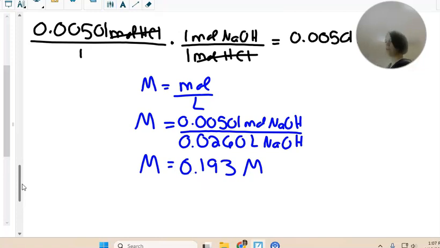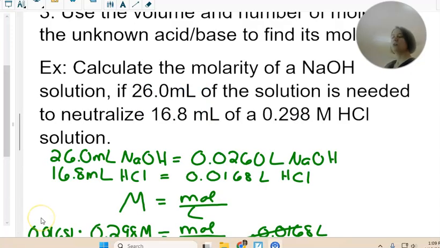Okay, so let's double check that we answered the question and we got a reasonable answer. Okay, did we answer the question? Calculate the molarity of a sodium hydroxide solution. Yes, we did. Is it reasonable? Well, we know from our balanced chemical equation it is a 1-to-1 ratio. So if it's a 1-to-1 ratio, if we have the same molarity, it should take the same amount.